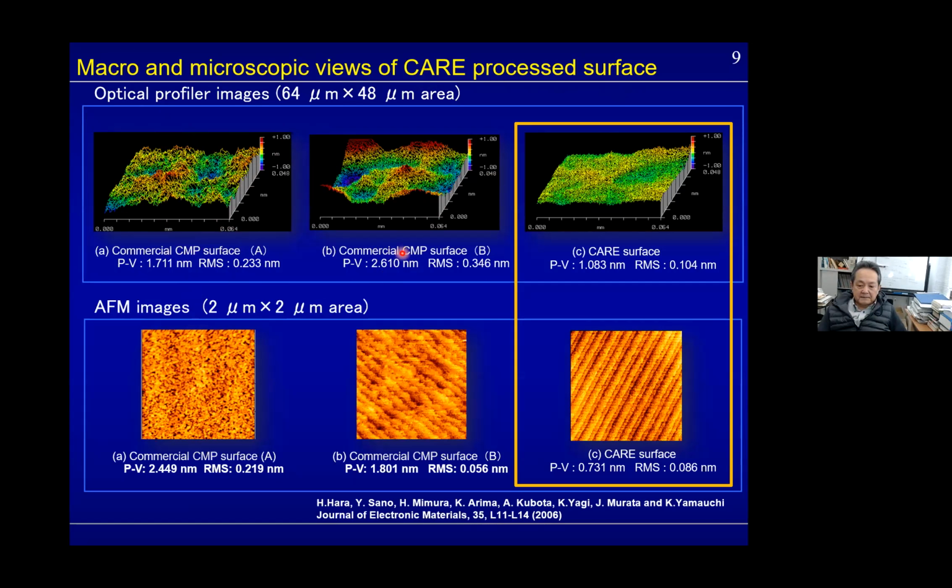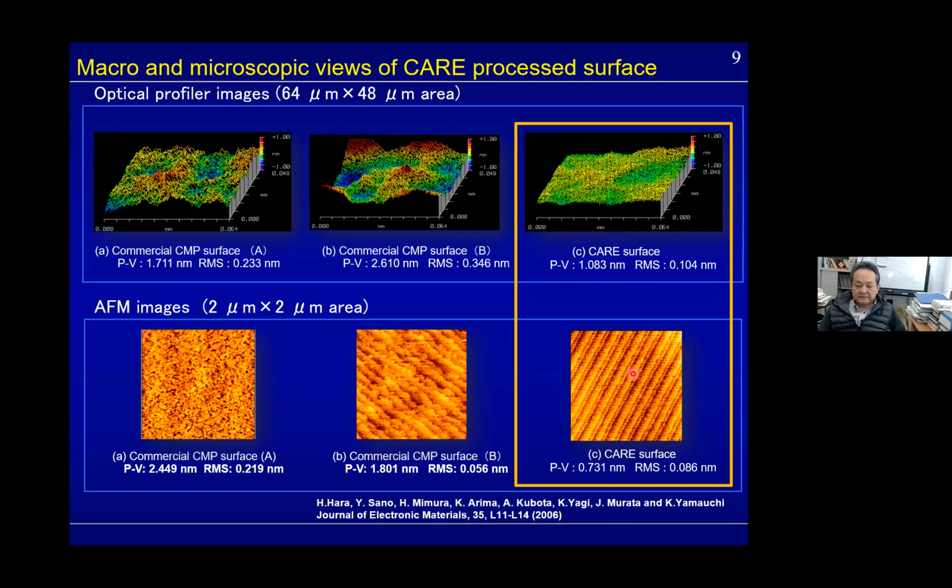In CMP process B, the crystallographical property looks better, but in the macroscopic sense, the surface is very wavy. But in the case of the CARE processed surface, in the macroscopic sense, a really flat, smooth surface is observed, and in the microscopic sense, the surface is crystallographically perfect. This is a step and terrace structure, a near-perfect surface.